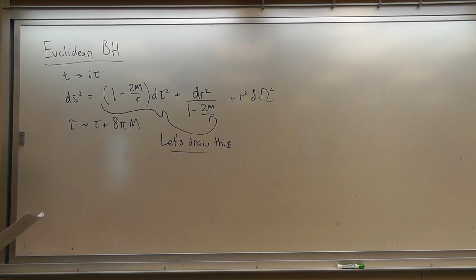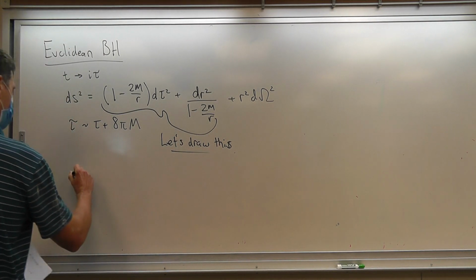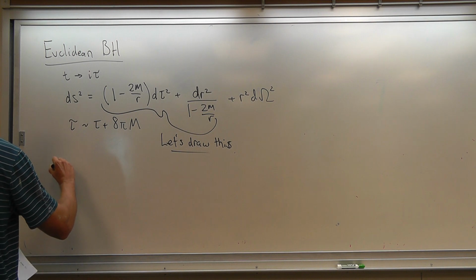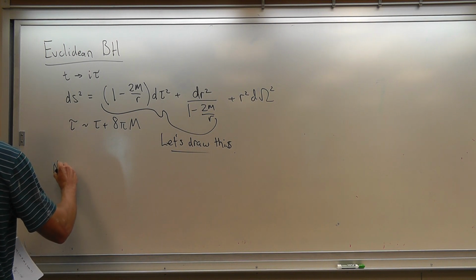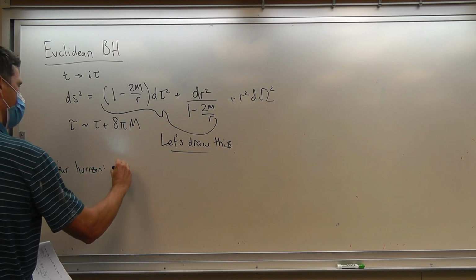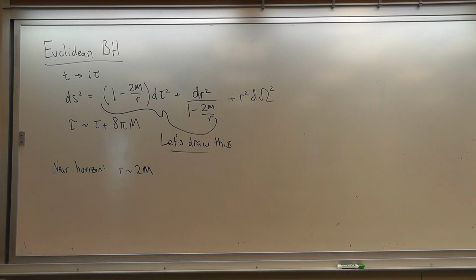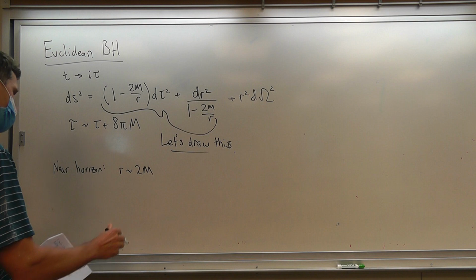So to draw this, let's start near the horizon, that is, for r near 2m. For r near 2m, we derived the metric last time.